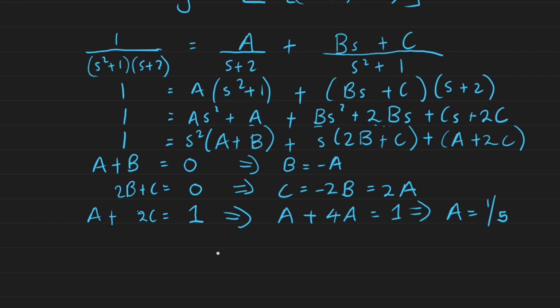And then we can carry on in this manner. That means that b is equal to minus 1 over 5, because b is equal to minus a. And then c is just equal to 2 times a, so that's just 2 over 5.